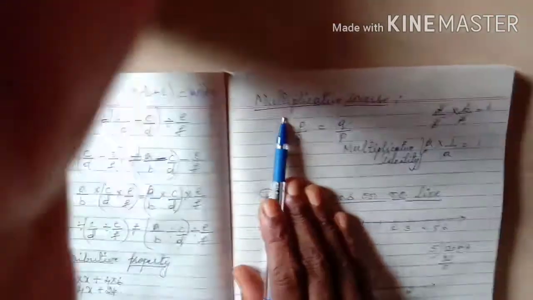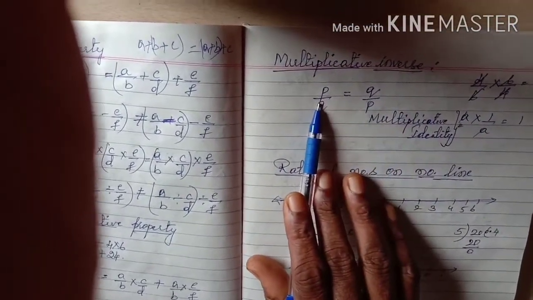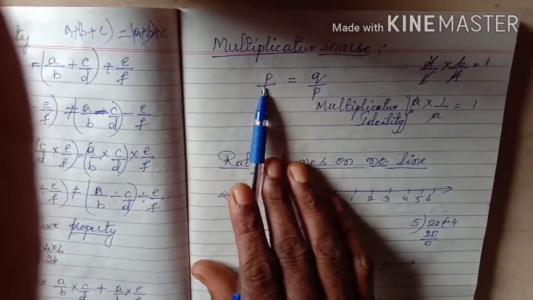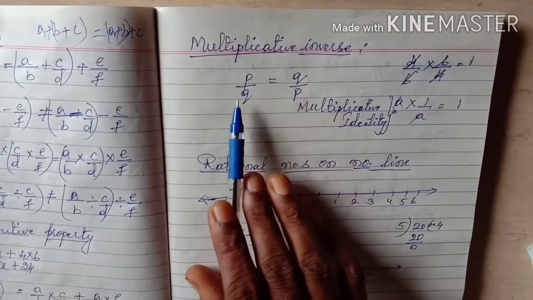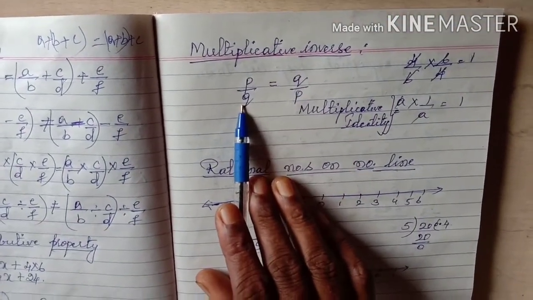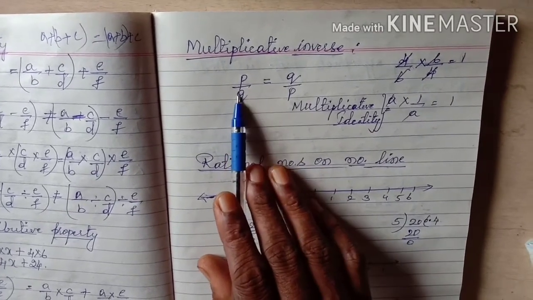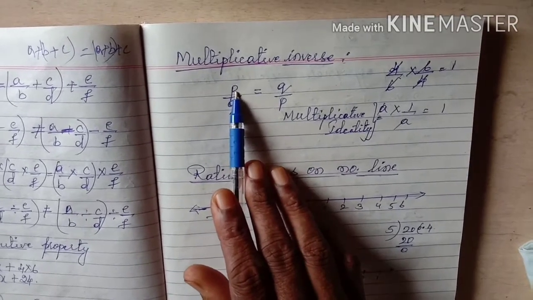So, the next is multiplicative inverse. What is multiplicative inverse? See, let us take one rational number, p/q. What is the meaning of multiplicative inverse? See, children, in a simple way, I can say here the numerator is p. Yes or no, children?